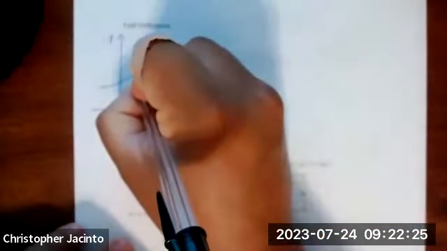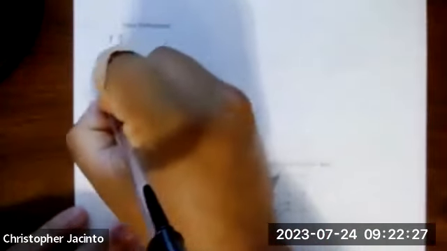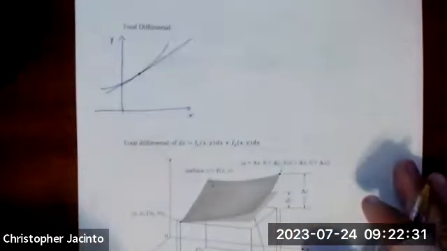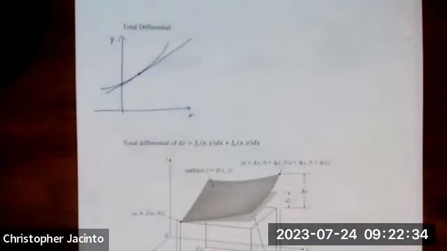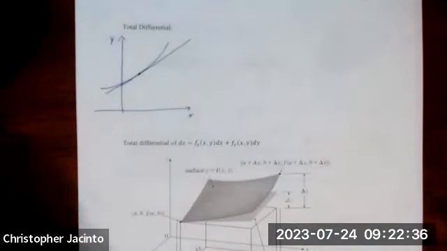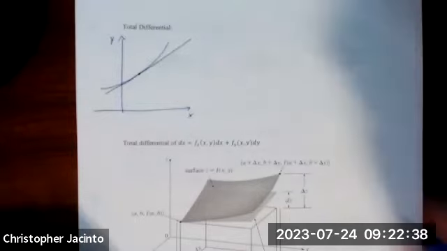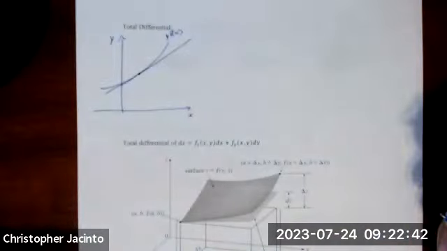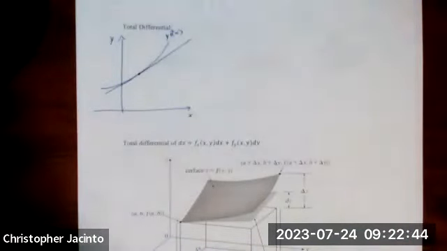Let's suppose at this point right here we have a tangent line. So we have this curve, y equals f of x, and we have this tangent line.